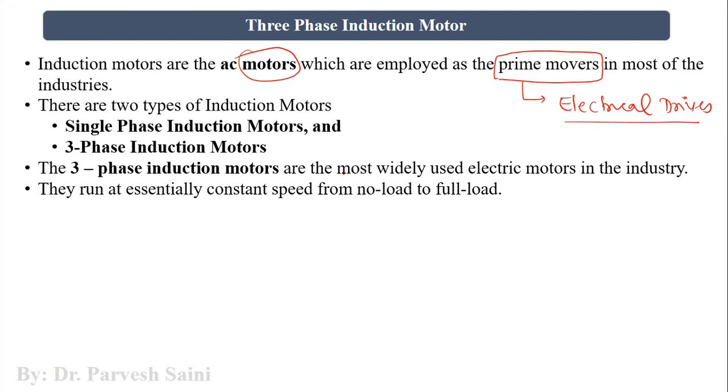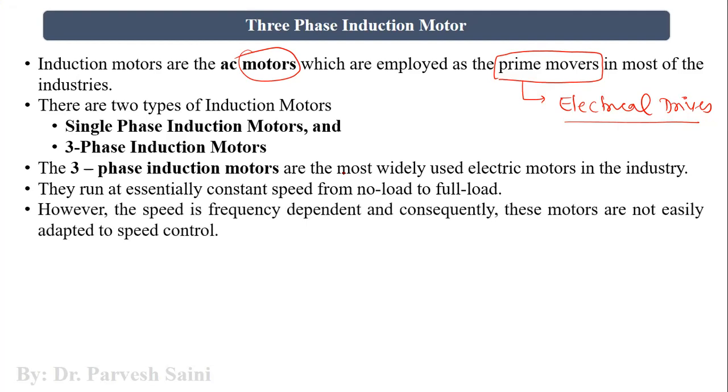That means even if they are loaded or they are not loaded, their characteristic is that they run at constant speed. You will not find variation in the speed of an induction motor. This is the beauty of these motors, and because of this feature, these motors are preferably used in many applications.